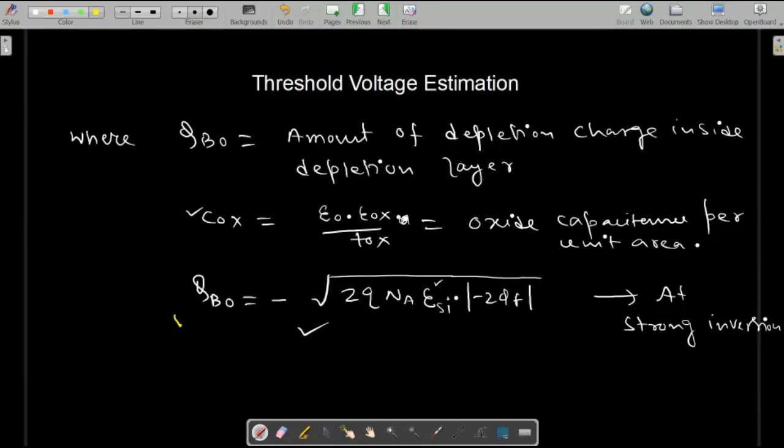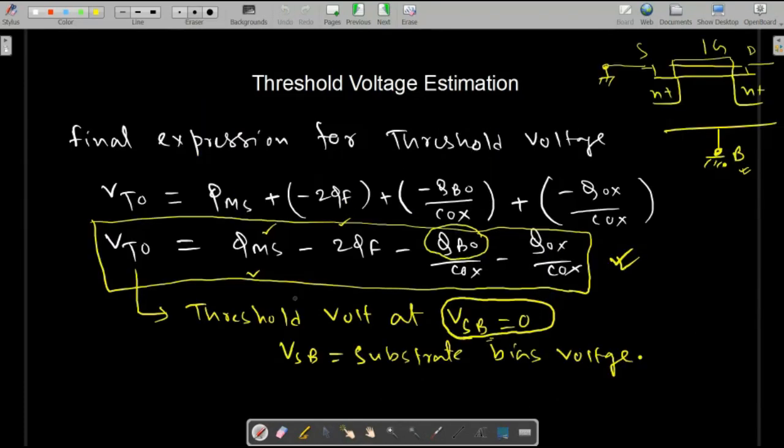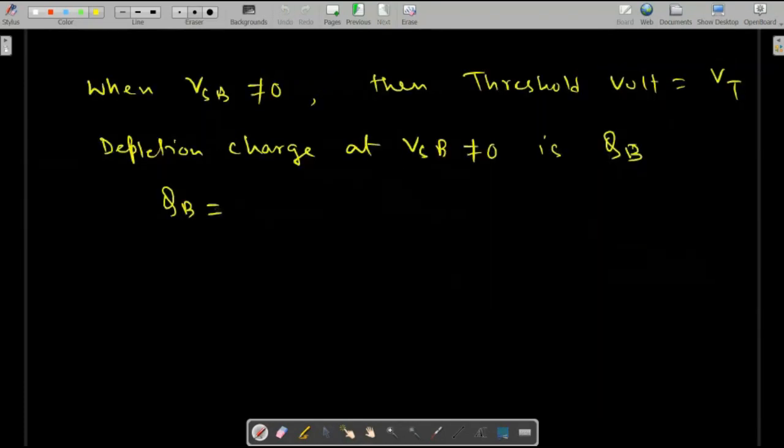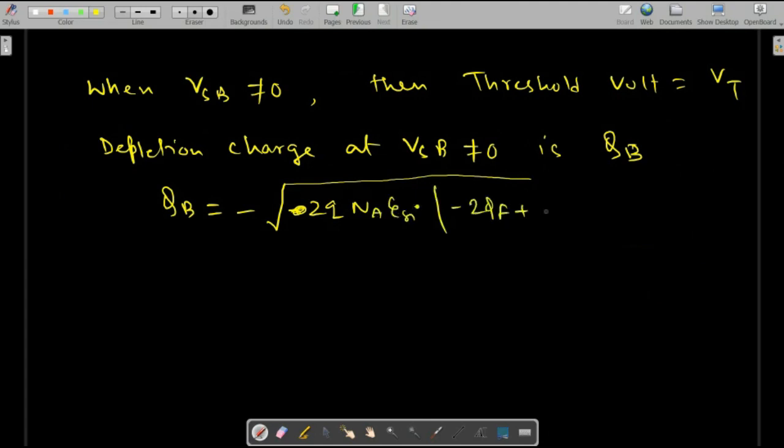So let us see. QB will be the same equation, only a little bit of modification will be there. Minus already there. Na epsilon Si, previously it was minus 2 phi f. Now I am adding one term VSB. So VSB is there inside this: minus 2 phi f plus VSB. So it will affect the depletion charge QB.